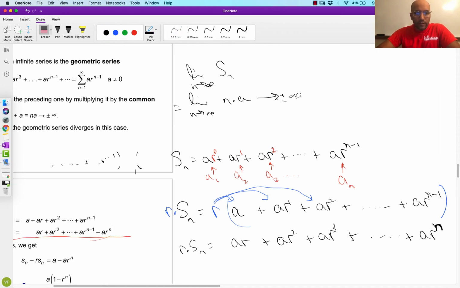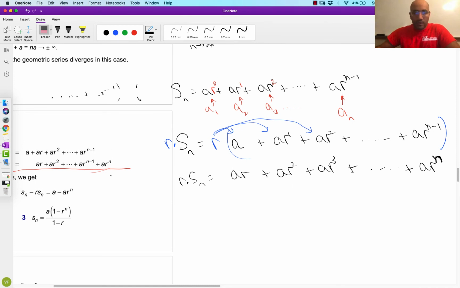Now we focus on the following two equations. We have this statement that r times s sub n equals this, and then we have the original s sub n, which was originally equal to this. What we want to do is subtract them. So we have s sub n, and we want to subtract from it r times s sub n.